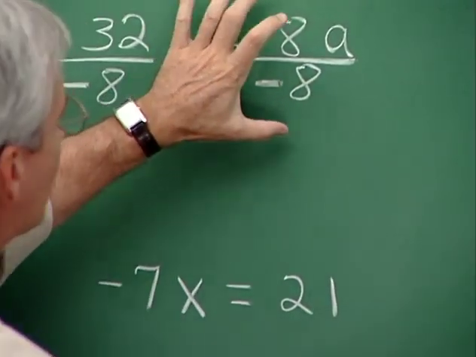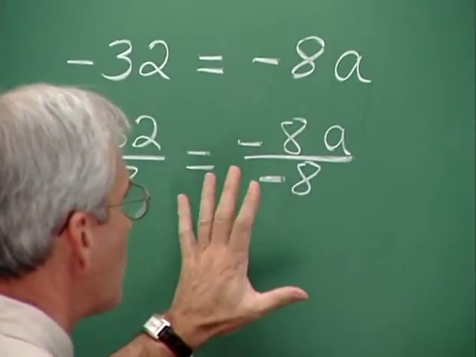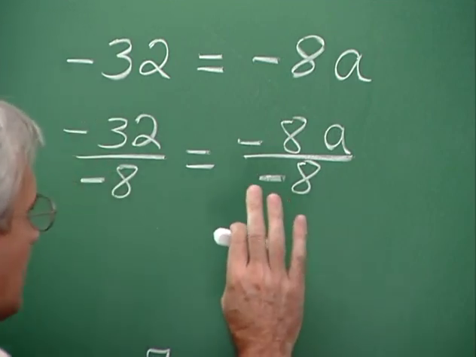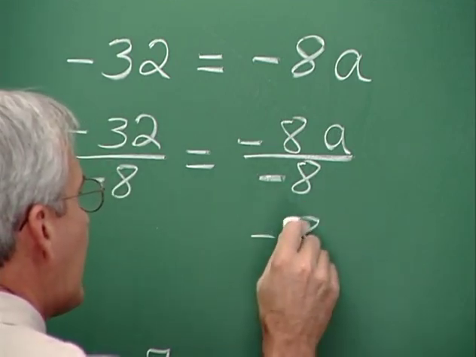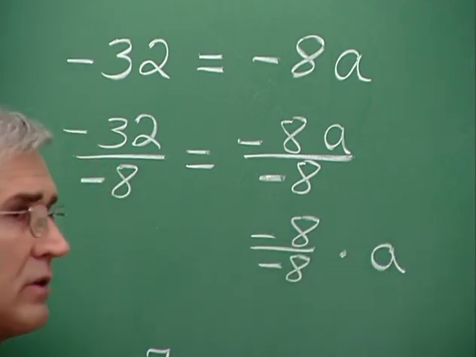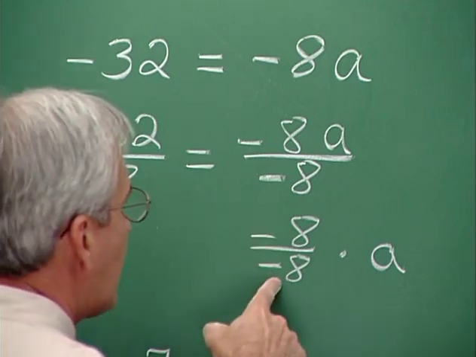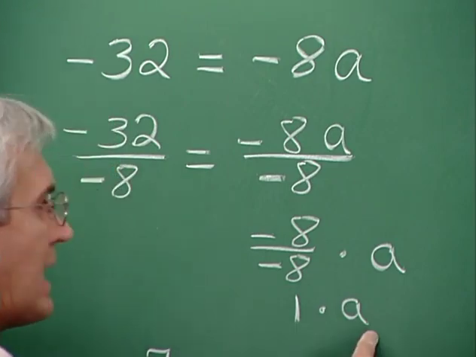We think about them canceling, and we think negative 8 divided by negative 8 is 1. And really what is happening here is that we think about this as negative 8 over negative 8 times a, and an integer divided by itself becomes 1. So this is 1 times a. 1 times a is a.